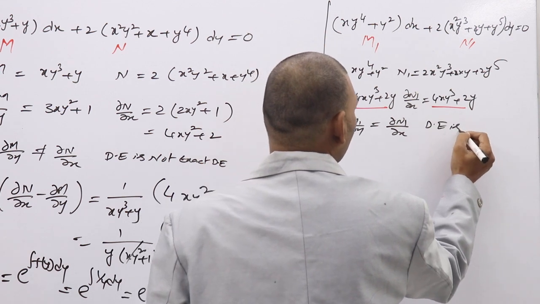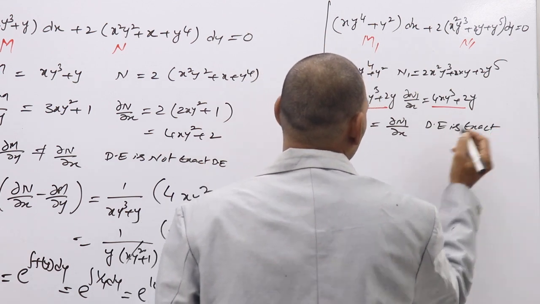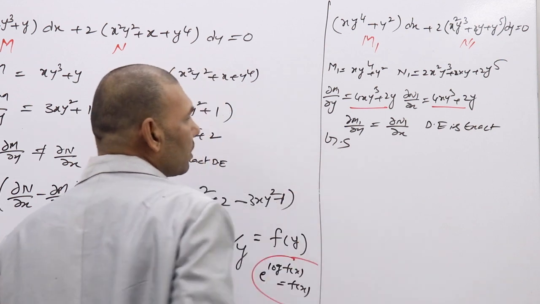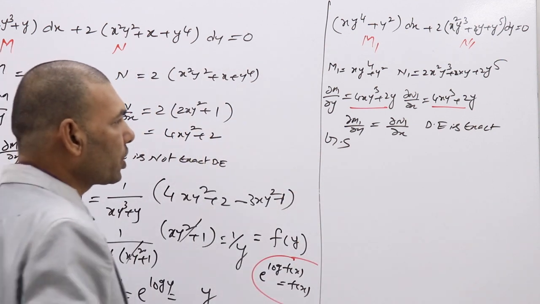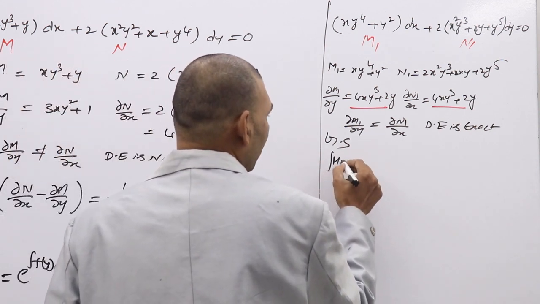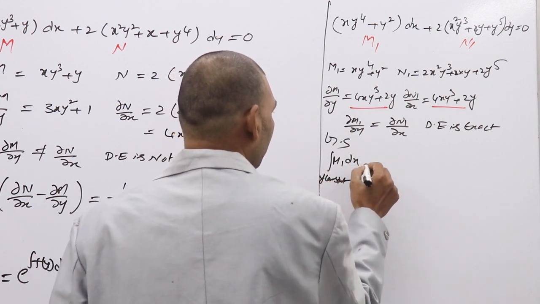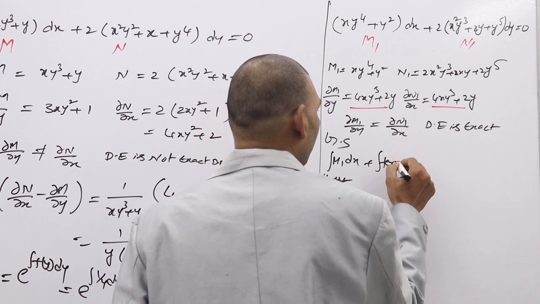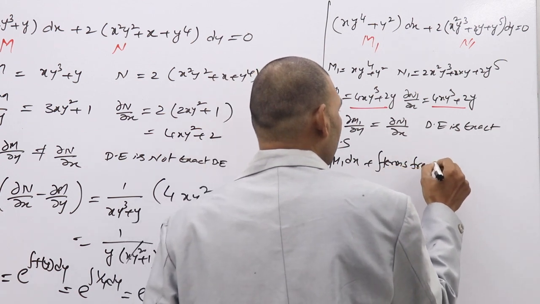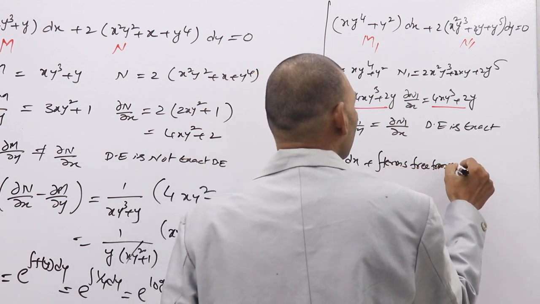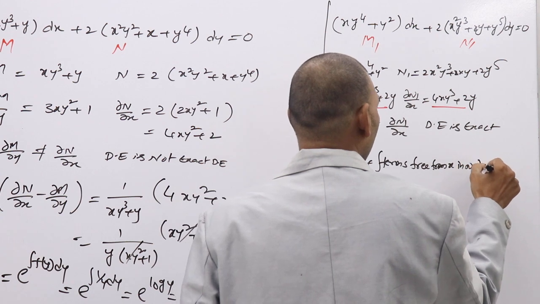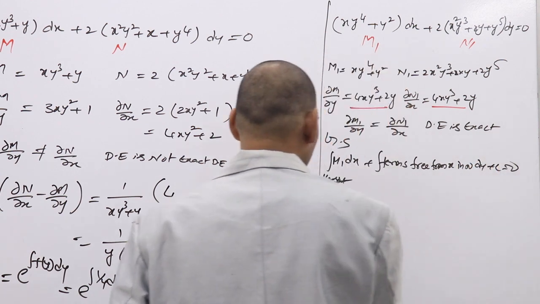So the equation is exact. When it is exact, the formula to evaluate the general solution is integral m1 dx keeping y constant, plus integral of terms free from x in n dy, plus c equal to 0.